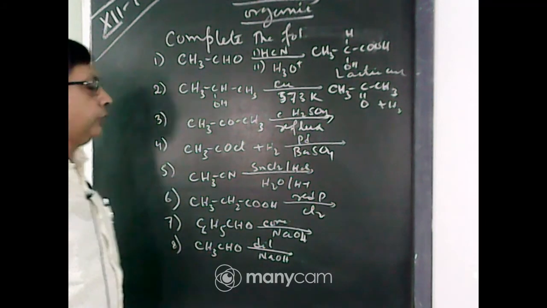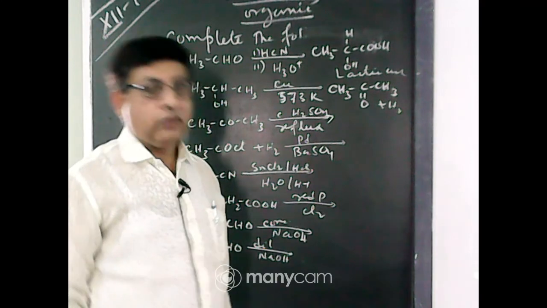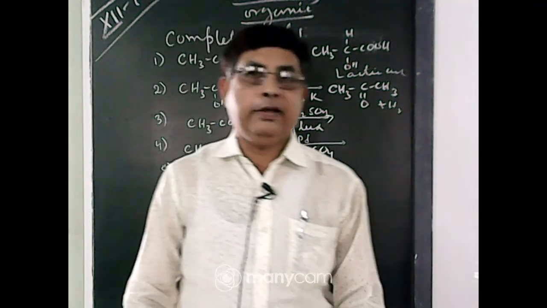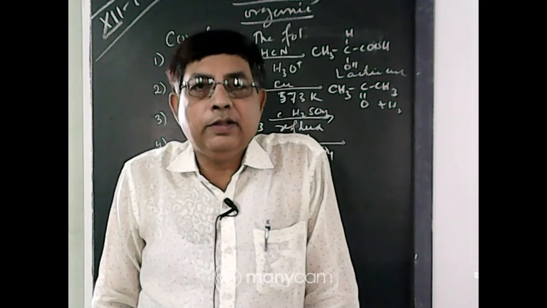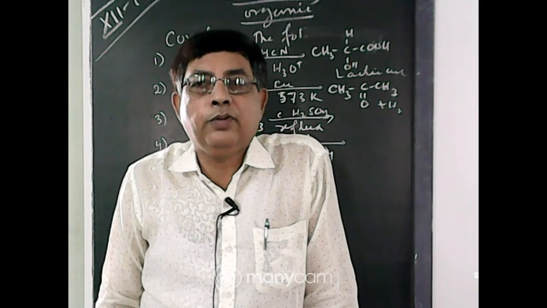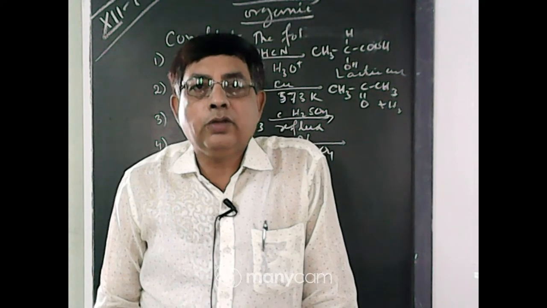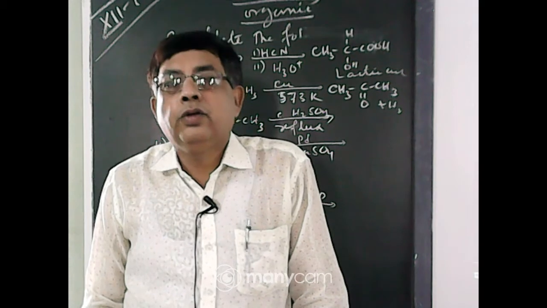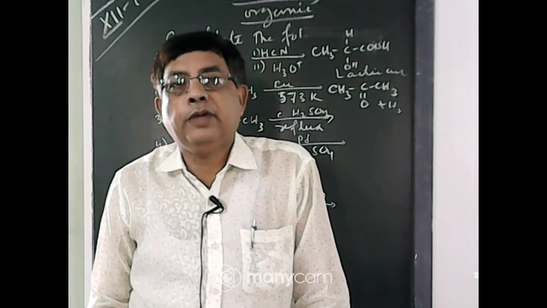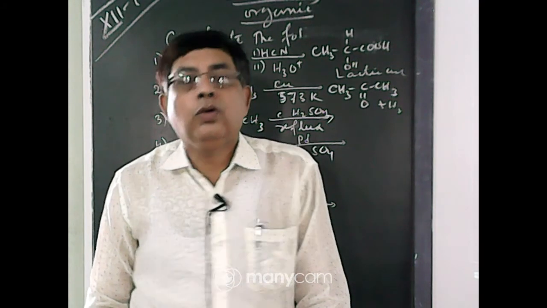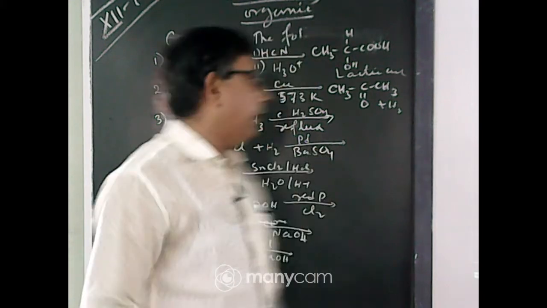Third one, acetone is refluxed with concentrated sulfuric acid. Then three molecules of acetone condense to form 1,3,5-trimethylbenzene, which is known as mesitylene.